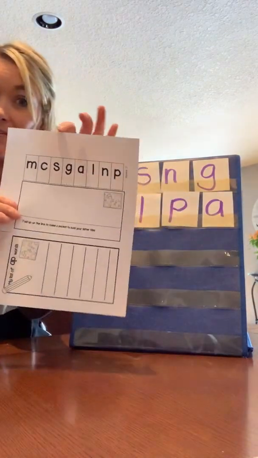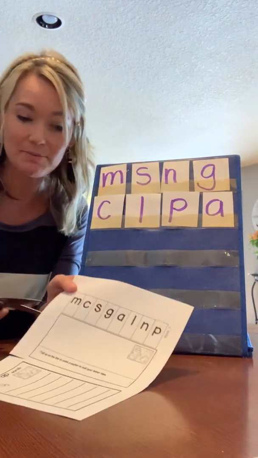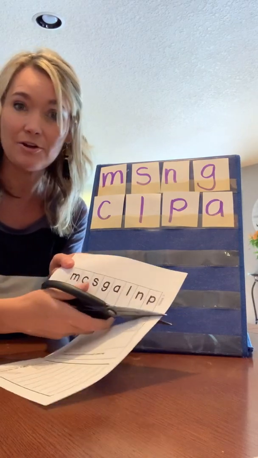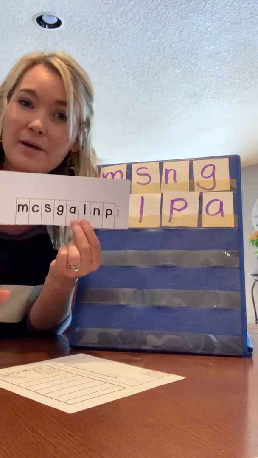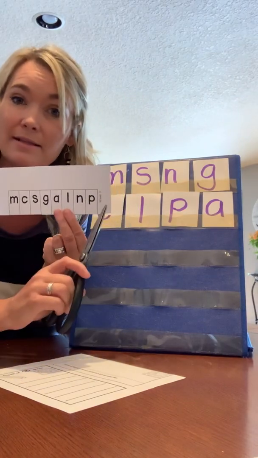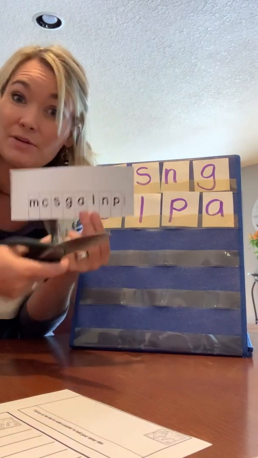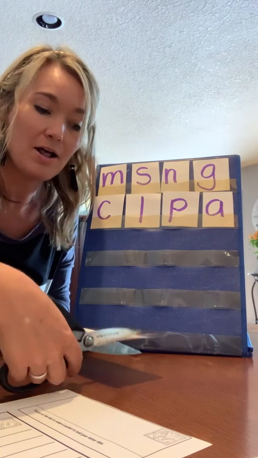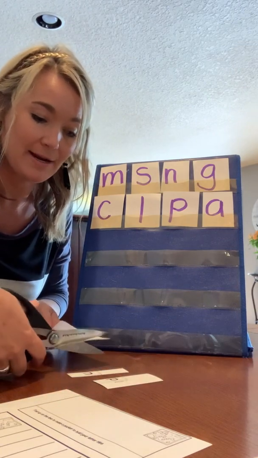Most of you have this page right here, so I want to remind you quickly how to get this page set up. So what you will do is you will take your paper, and if you don't have this paper, you can just pause this and write the letters on a piece of paper and cut them out. But if you have this, you can just cut these out, and in my classroom, we just snip all the way up, quick, so that each letter is separated.